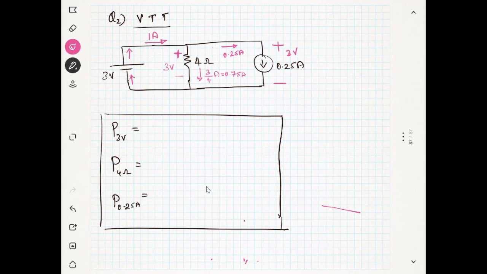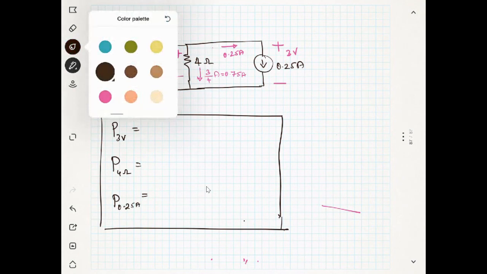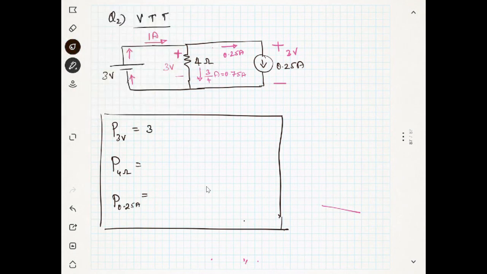Now what is the power across the 3 volt battery? It is nothing but 3 volt into 1 ampere. It is nothing but 3 watts. Can you tell me, is it absorbed or delivered? Delivering. Yes, because the current is entering the negative terminal. You can see this is negative and this is positive, and the current is entering here. That's why it is delivering.